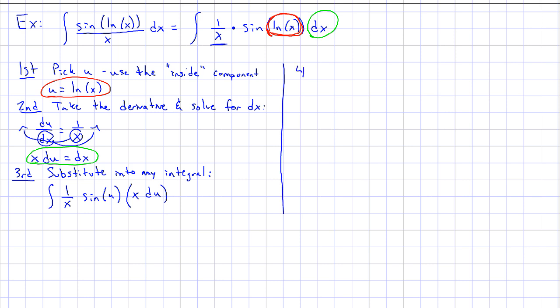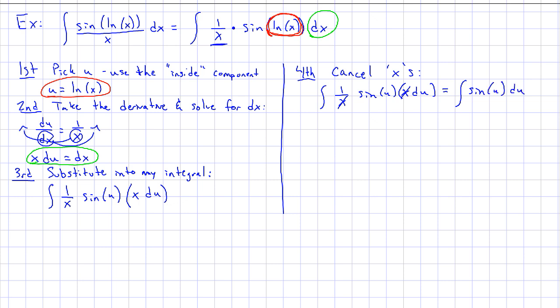The fourth step is going to be to cancel or simplify my x's. So I end up with the integral of 1 over x sine of u times x du. I have an x in the numerator as well as the denominator, and this will end up being the integral of sine of u du.